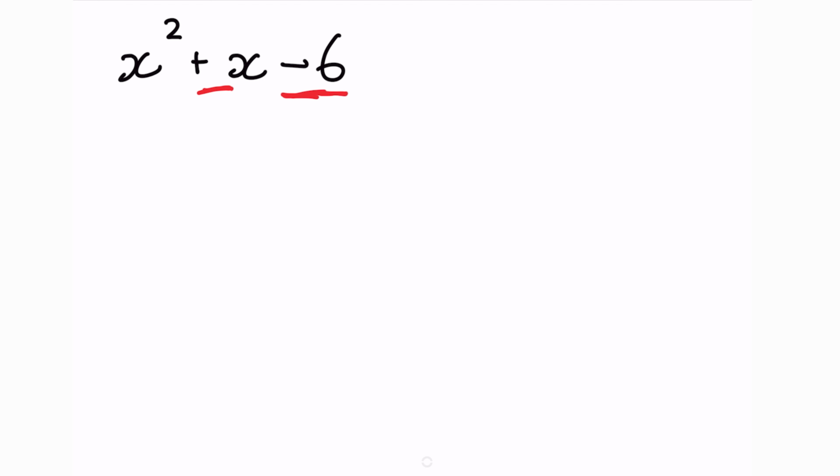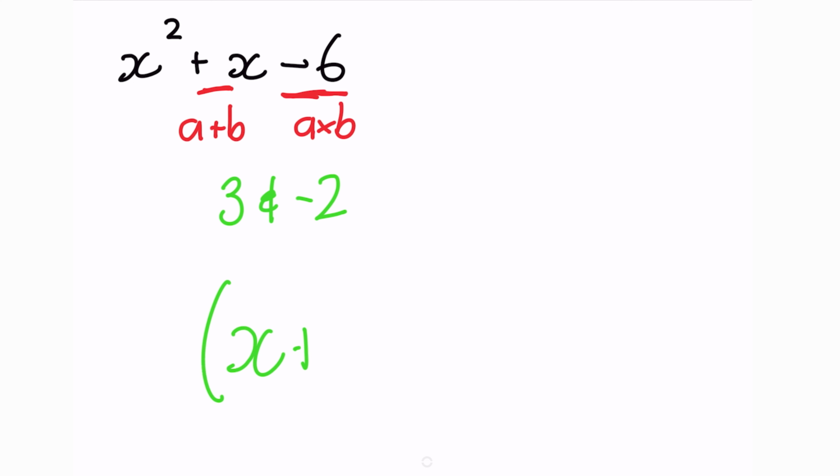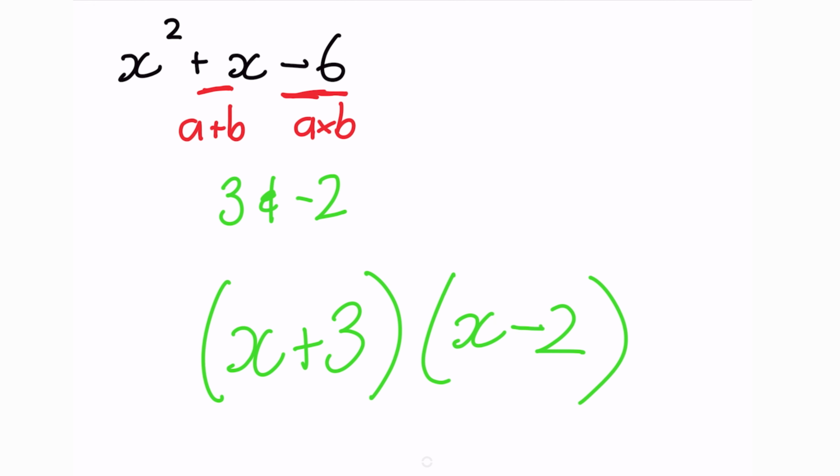So it's going to be what adds to give 1 and times to give negative 6. Now that might be a tricky one, but it's actually 3 and negative 2. So therefore, our factorized quadratic will be x plus 3 and x plus minus 2. But we'll just say x minus 2 to simplify it.